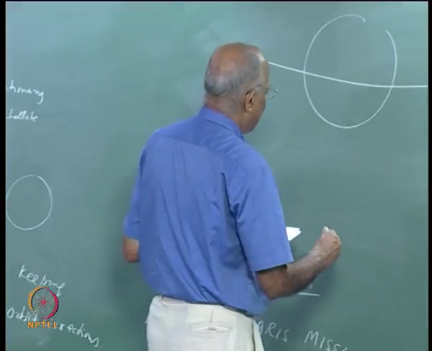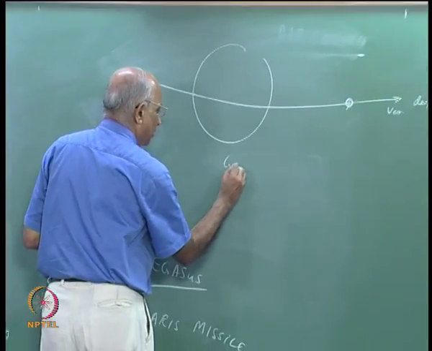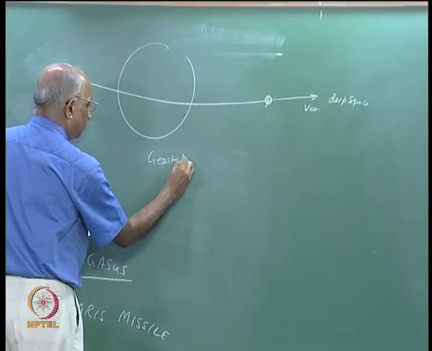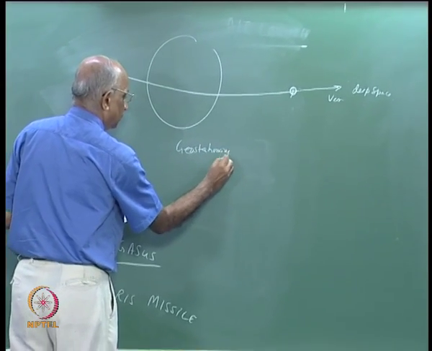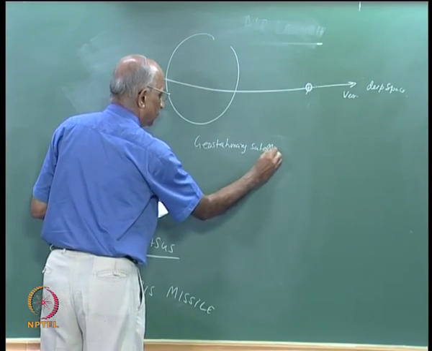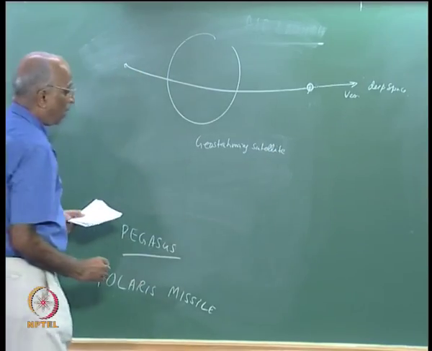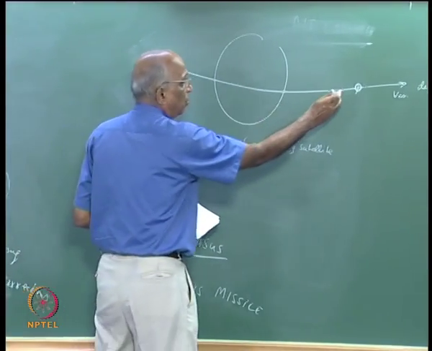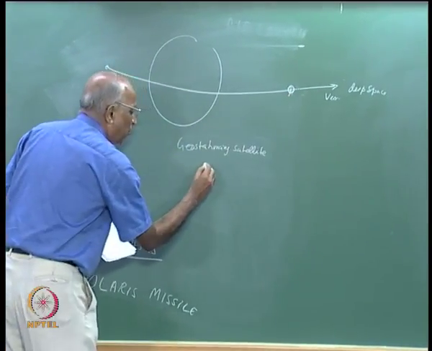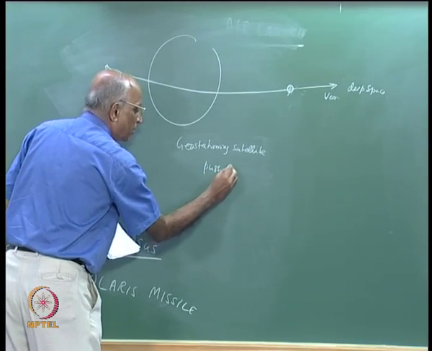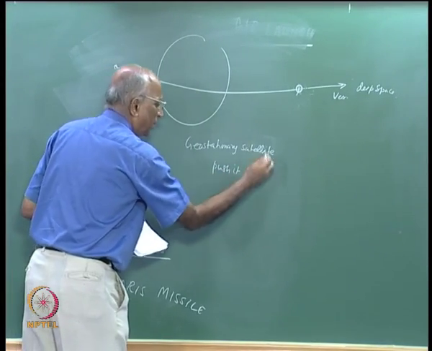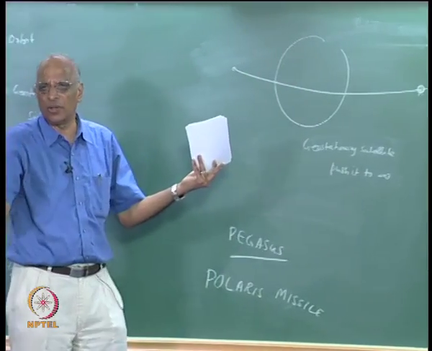All I am saying is, I have a geostationary satellite, and now I want to push it out of the orbit. That means I have to push it to infinity. That means it goes off. Therefore, I am not really bothered.